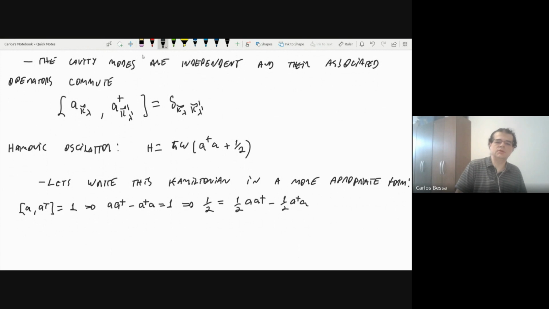If I use this here, I find H bar omega times (1/2 a dagger a plus 1/2 a a dagger), which could be written as a dagger a plus a a dagger.